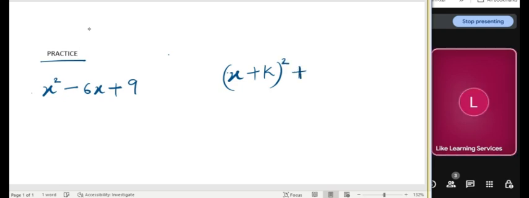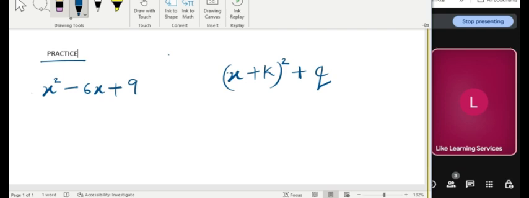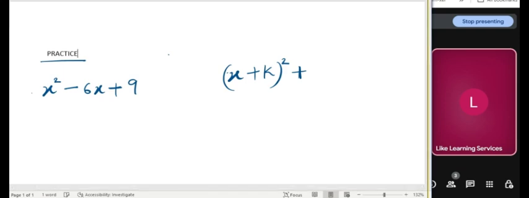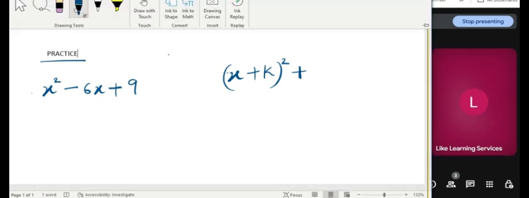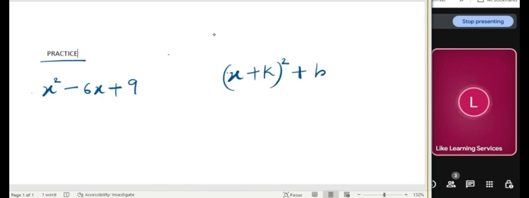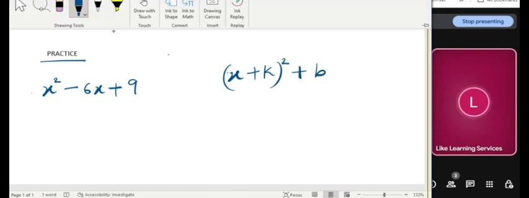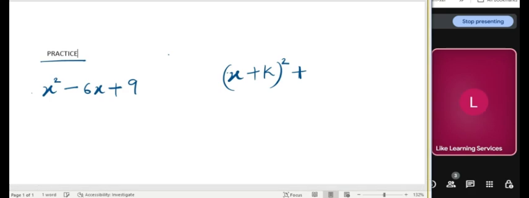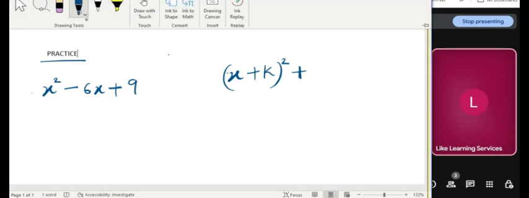But I will use a different letter so it doesn't look like the c for intercept. So plus maybe b. I don't want to be using the standard symbols we use in factorization.